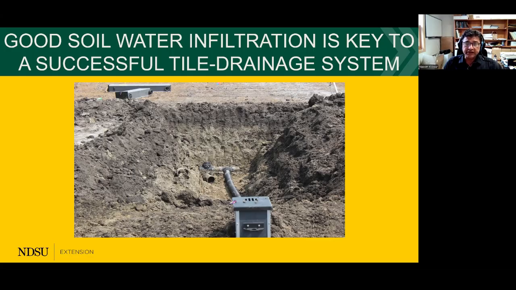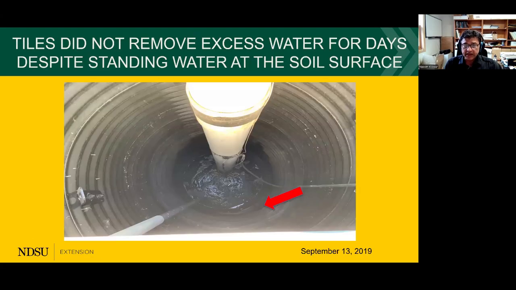That means our tile drainage system is not draining the water, because it takes anywhere from 3 to 5 days for that excess water to move through the soil profile to get into the tiles, and then these tiles take that water to the submain and then main, which takes it to the sump pump.